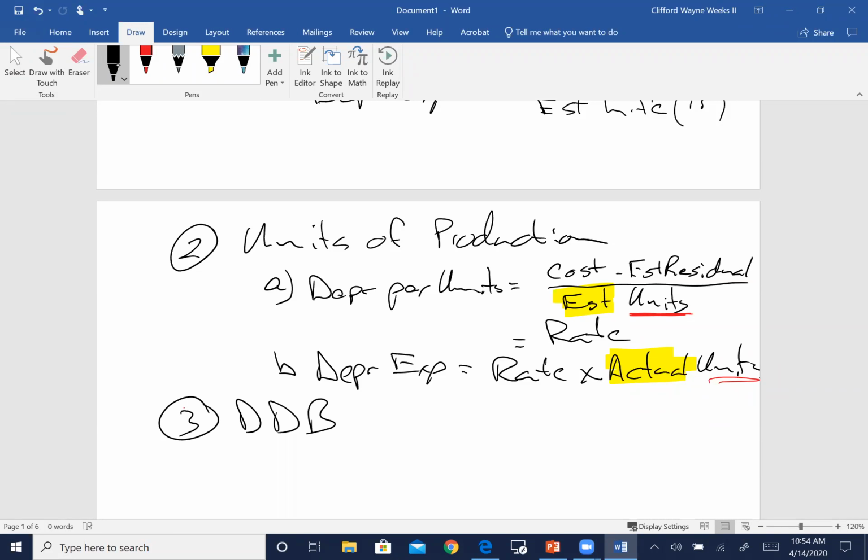But with the double declining balance method, the first thing we need to do is find out what the straight line rate is. To calculate the straight line rate, you're going to take 1 and divide it by the estimated life in years. In the example that they use, they have a 5-year life asset.